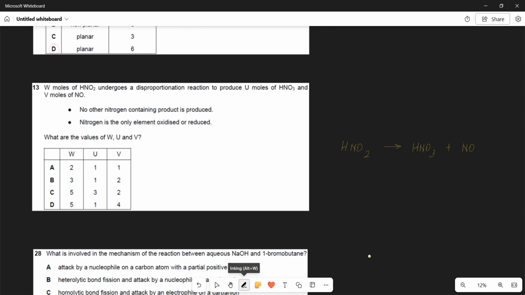Here the oxidation number is positive 3. I hope you know that. And here the oxidation number is positive 5. Here the oxidation number is positive 2. So this is an increase by 2. Here it is a decrease by 1.